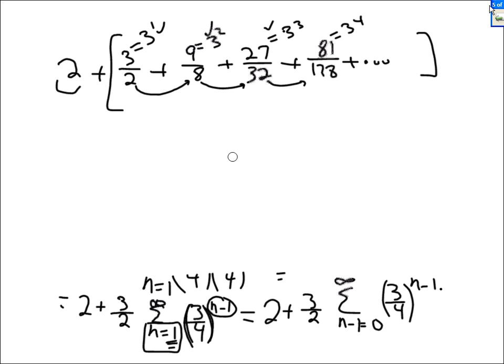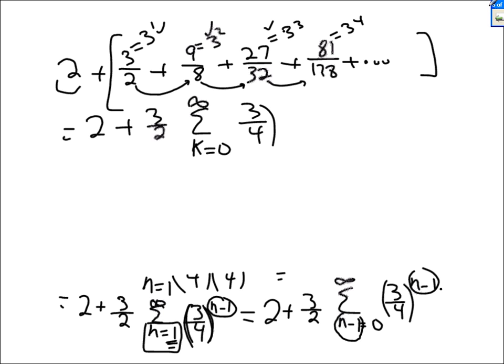Now, what I can do is I can call n minus 1 whatever I like. Today, I like to call it k. So I get 2 plus 3 over 2, summation as k equals 0 to infinity of 3/4 to the k. But that's exactly the rule I stated.